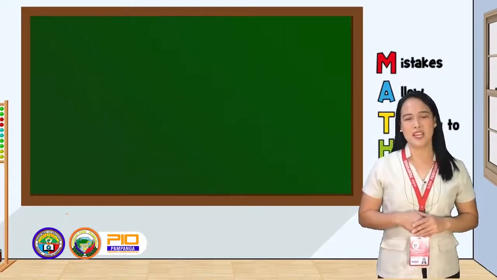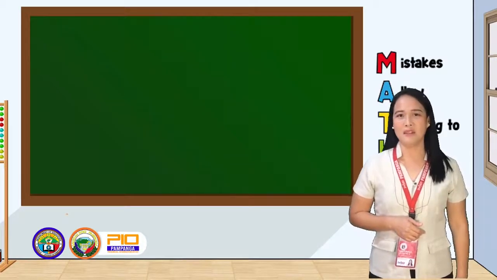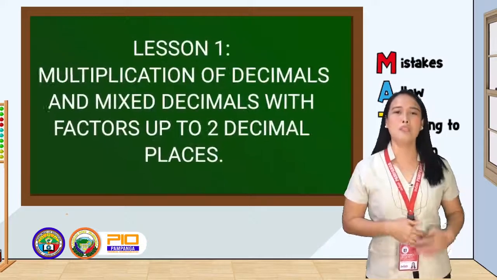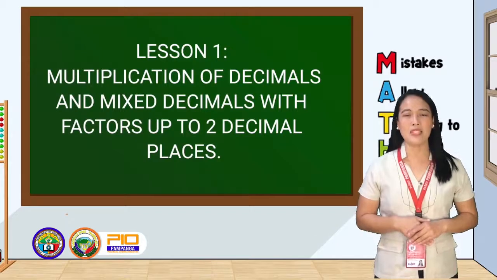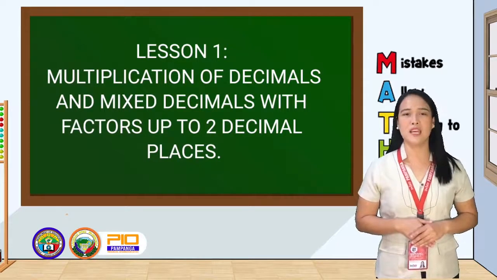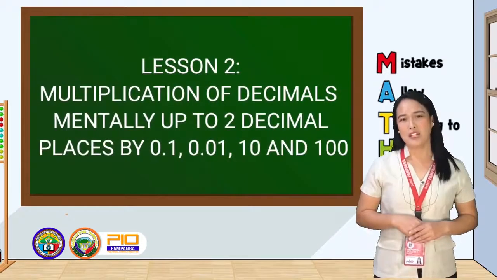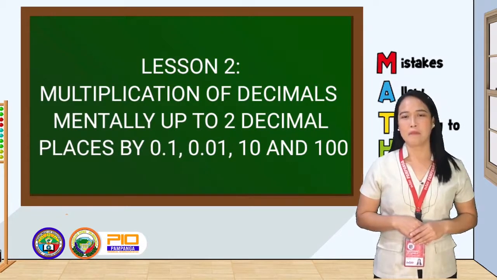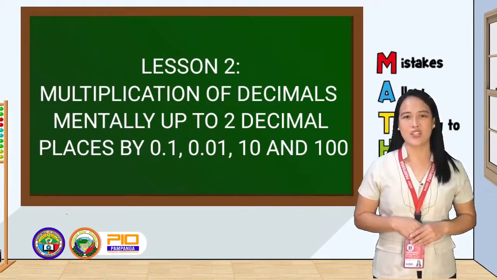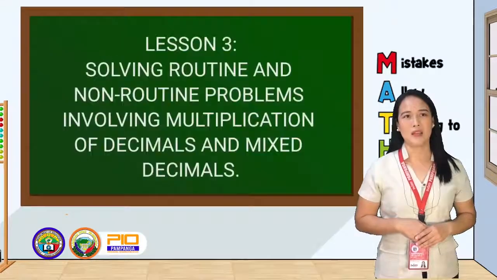This episode is divided into 3 lessons. These are: number 1, multiplication of decimals and mixed decimals with factors up to 2 decimal places. Number 2, multiplication of decimals mentally up to 2 decimal places by tenths, hundredths, 10, and 100.